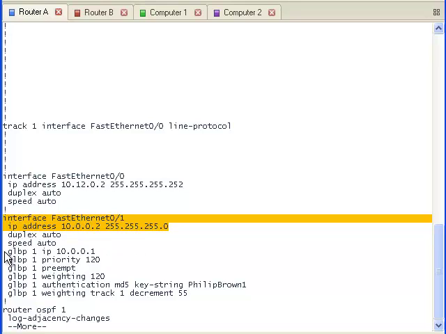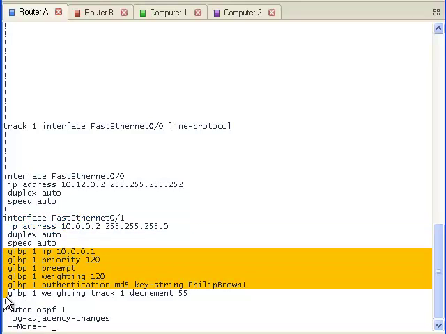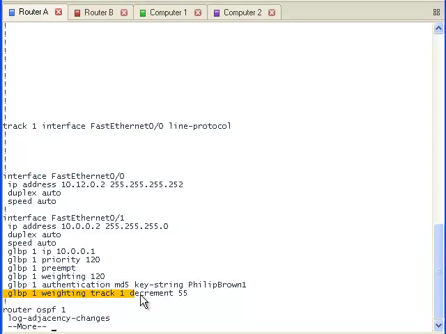We can see that it has an IP address, a priority of 120. It's set for preempt. It has a weight of 120. It's using authentication. And it's set to decrement by 55 if the interface goes down. Here we could see these two commands used to configure the tracking.